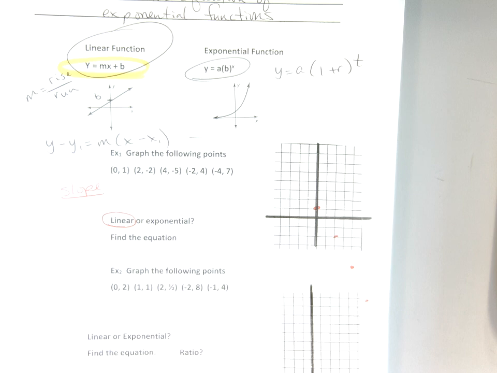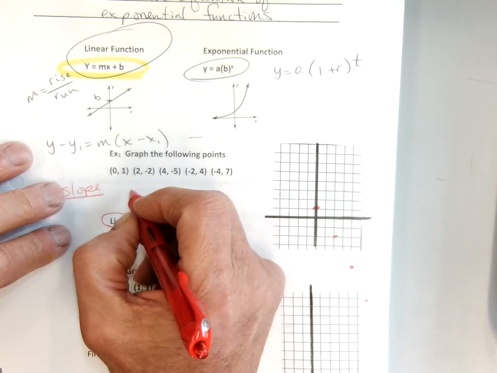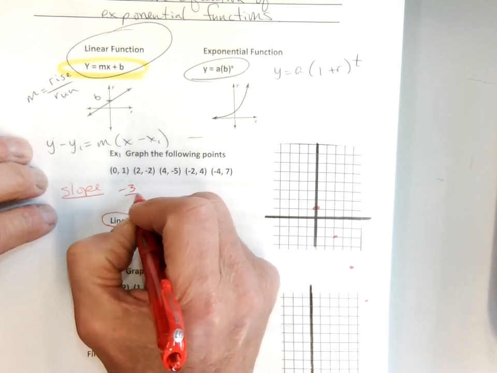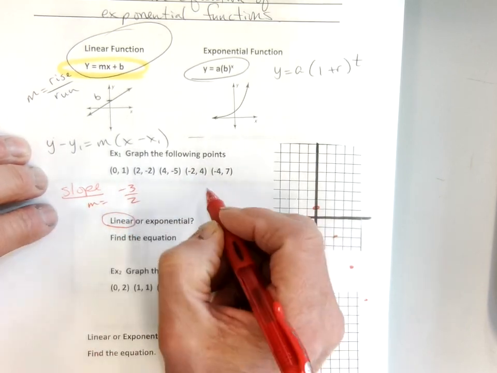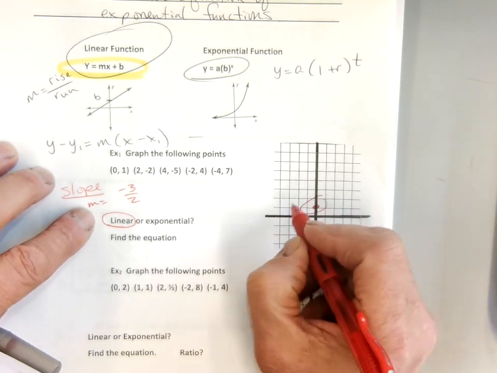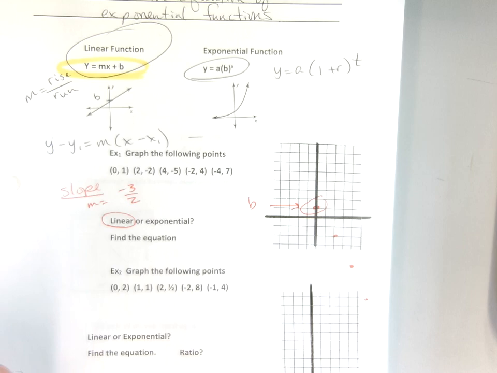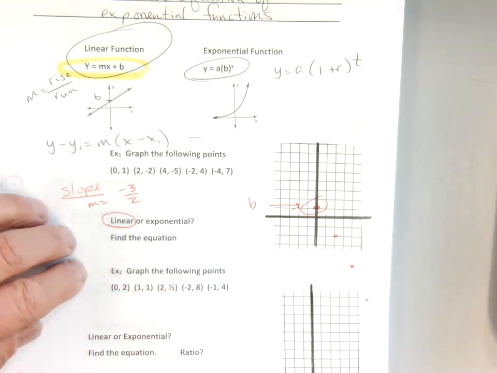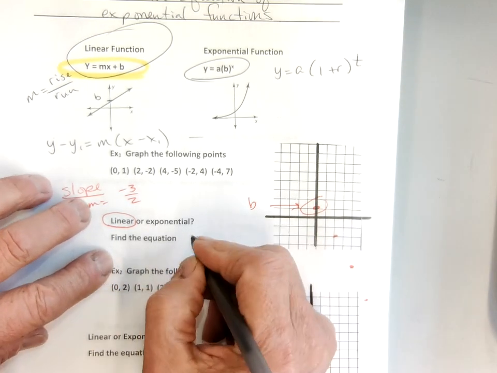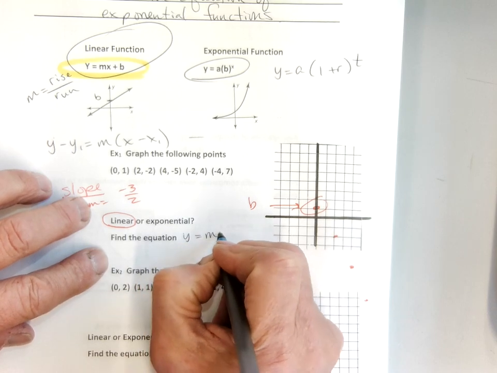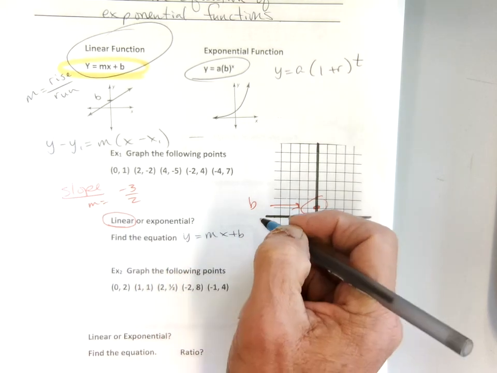If you can do that and find the points, I want to say the slope is down 3 over 2. And I know my y-intercept is right there. There's my b, right? So the equation I'm going to use is y equals mx plus b.